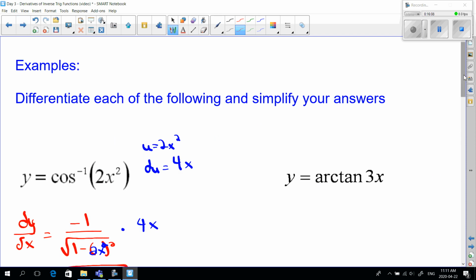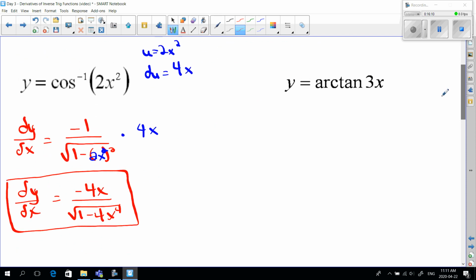Okay, arctan 3x, next example. My u value is 3x. My du is equal to 3. Arctan, or inverse tan, looks like this. It's 1 over 1 plus u squared.